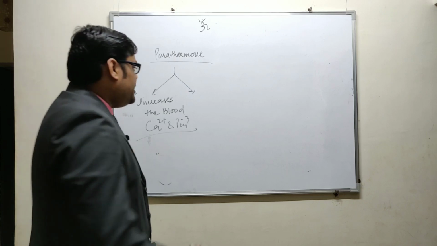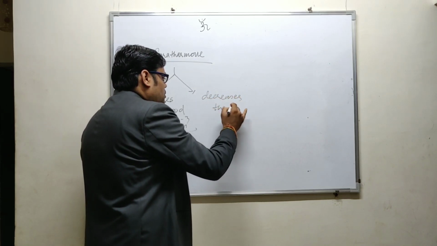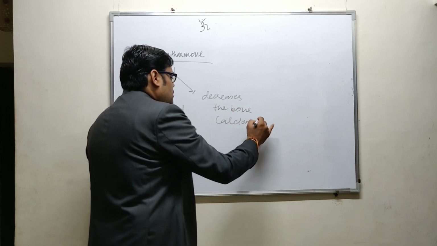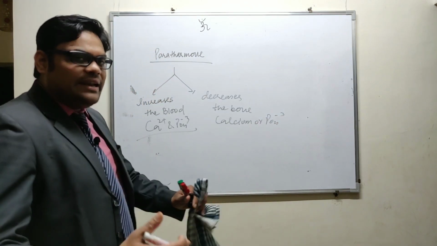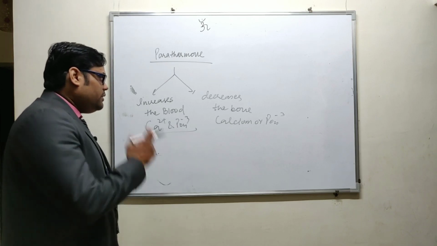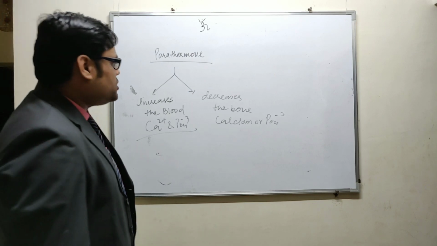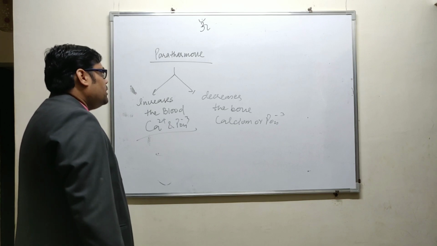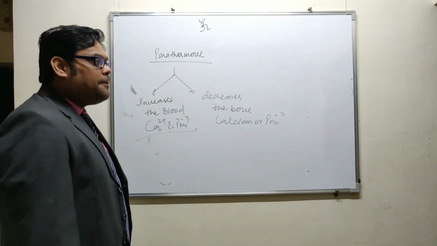It decreases the bone calcium level, that is, it allows them to be excreted more in the form of urine. So the parathormone is related to these functions, and these functions are just antagonistic to thyrocalcitonin. Antagonistic means just opposite.